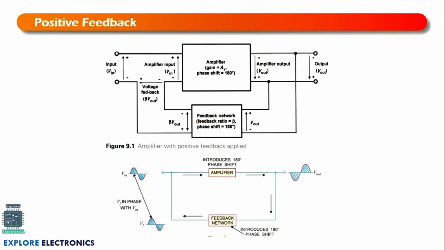So this is the positive feedback circuit. In positive feedback, we get the same phase for the input signal as well as the feedback network output. These two are in phase. Now we need to derive the expression for the overall gain of the circuit so that we understand how the gain is going to vary.